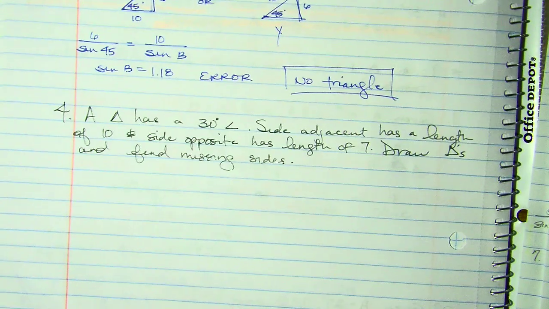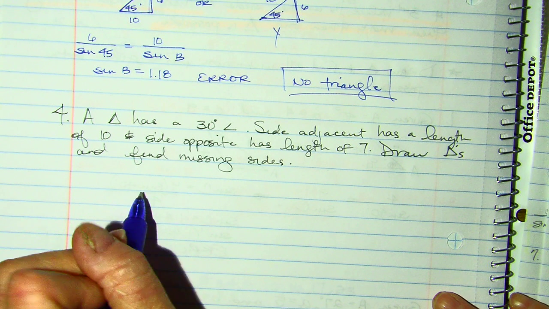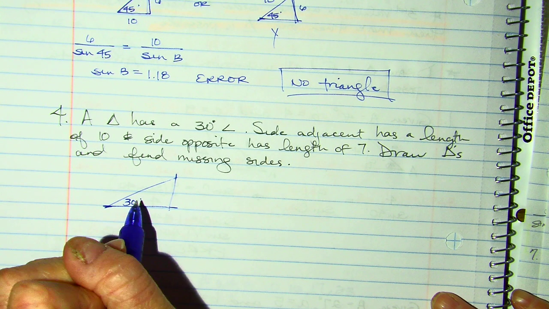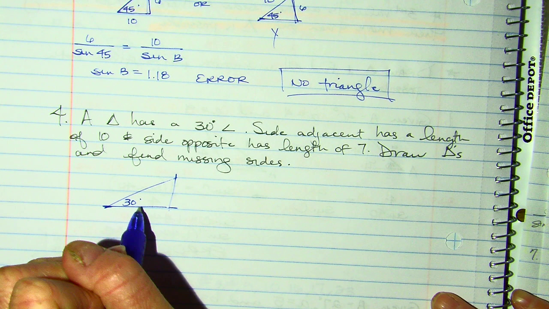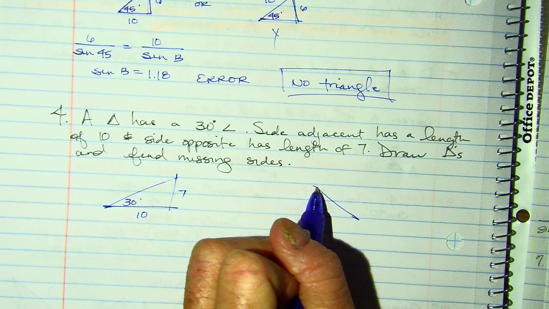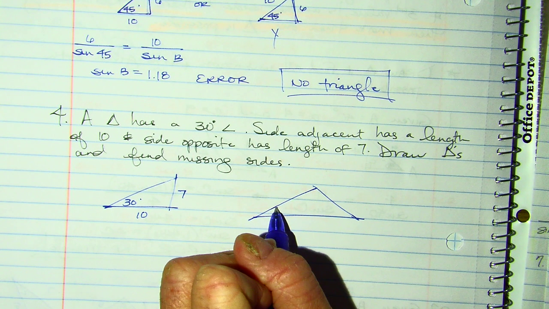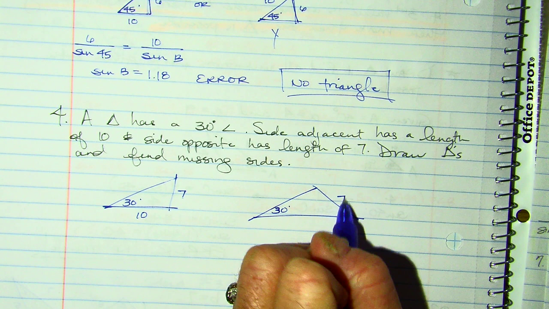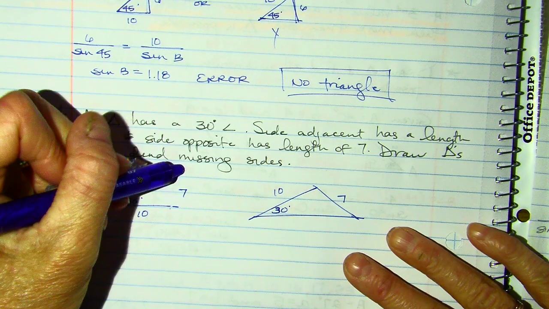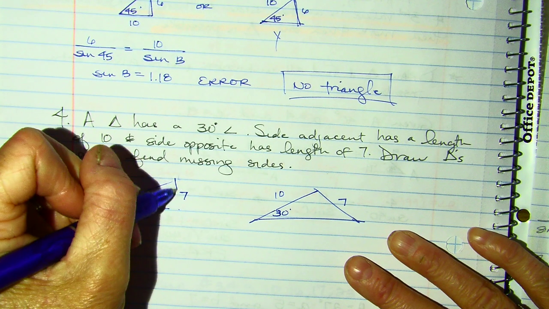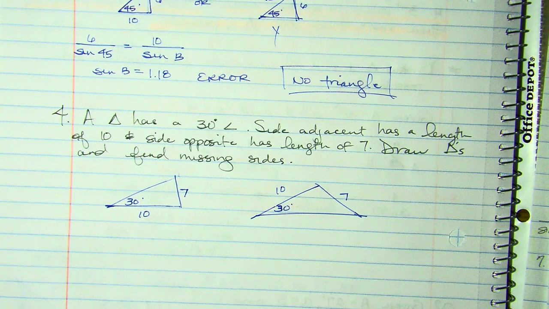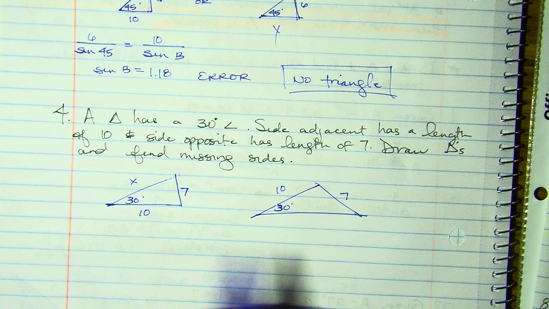And remember, sides is plural because there's two possibilities. I could have 30 degrees. It says side adjacent is 10, side opposite is 7. But I also could have, right, this is 30 degrees, and this is 7, and this is 10. So I could switch where I put the 10, and I should change how I draw this. So in this, I'm going to find both this possibility and this possibility.